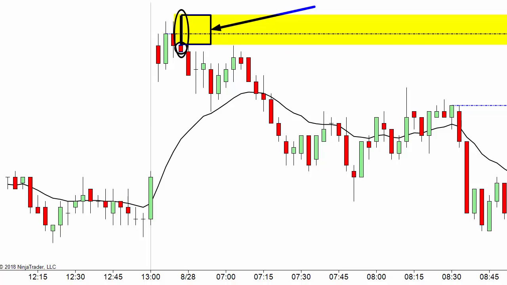And therefore, the market found value, if you will, down here. When I say the market, I mean all the participants, the masses of the global market said, no, the popular vote is that the market's not worth this, it's worth that. So that's a bearish pattern, because buyers are not able to get traction.